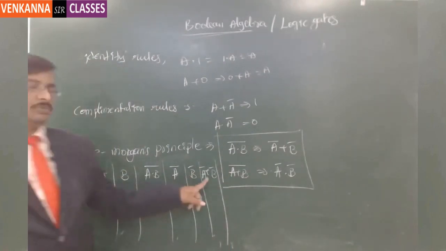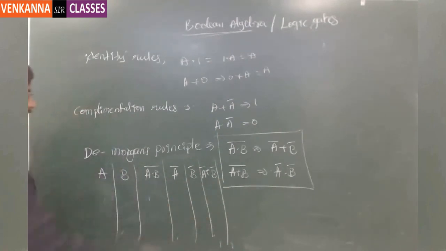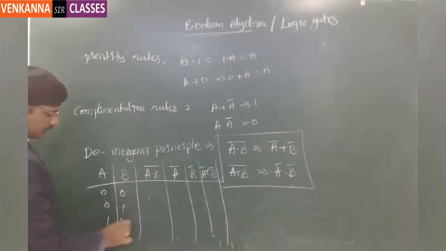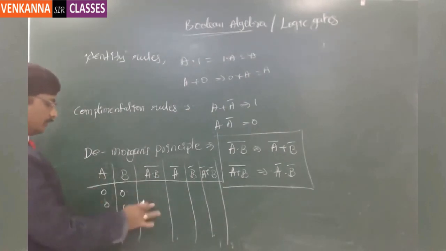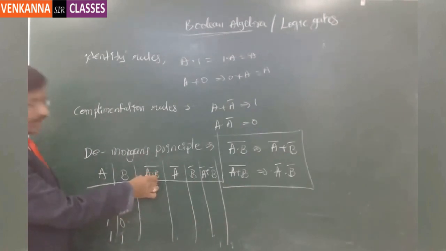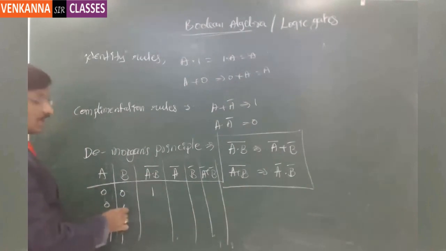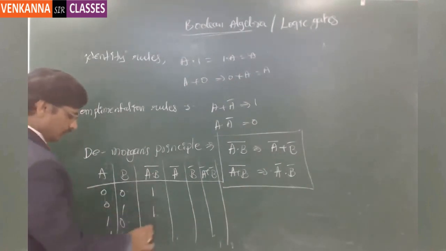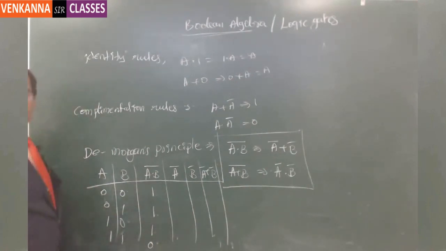A dot b whole bar has to be equal to a bar plus b bar. Now if I take the inputs as 00, 01, 10 and 11, these are the inputs. The corresponding outputs will be, so NAND gate, 0 dot 0 opposite of it is 1, and 0 dot 1 is 0, opposite is 1, and this is 1, and this is 0.